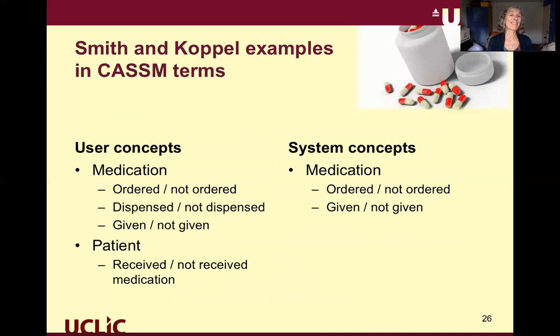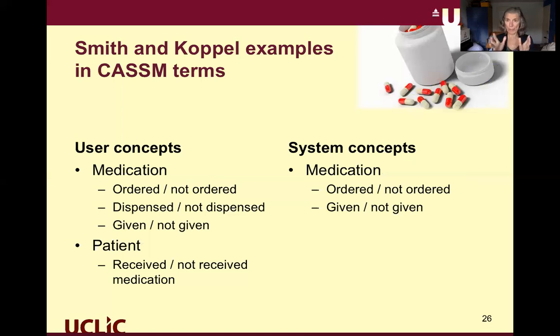So presenting that example in the terms of CASSM, we see that on the system side, the only thing it really is concerned with is the medication, whether it's ordered or not ordered, whether it's been given or not given. Whereas on the user side, we have the medication ordered, not ordered, dispensed or not dispensed.